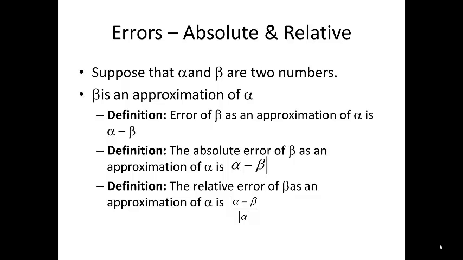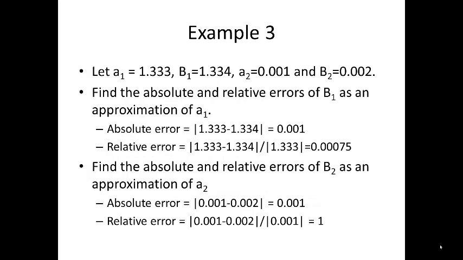Let's take a look at an example of this. So let's let A1 be 1.333, B1 1.334, A2 0.001, and B2 0.002. We'll find the absolute and relative errors of B1 as an approximation of A1. Well, the absolute error is 1.333 minus 1.334, and that's 0.001.